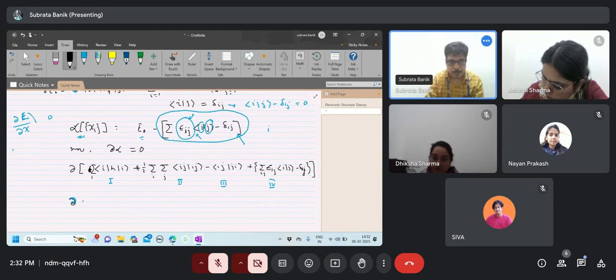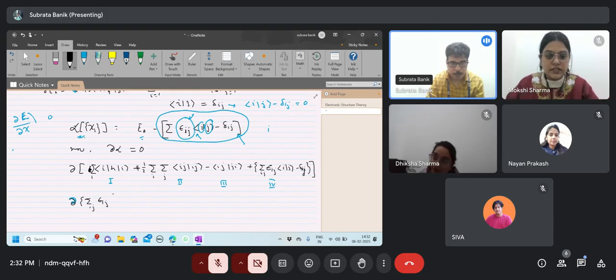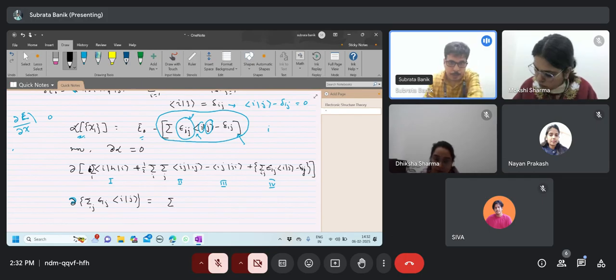Basically, we have done this part: delta of the sum over i j epsilon ij. If you remember, epsilon ij is an undetermined constant, so I can take it outside. This is basically a double sum over i and j of epsilon ij, and that we have written as delta.